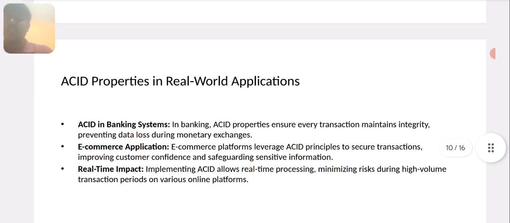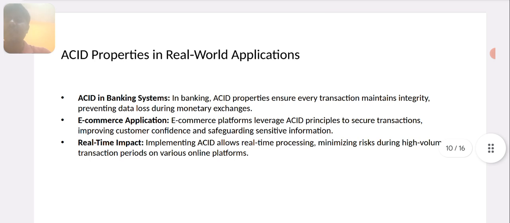Next is ACID properties in real world applications. The first is ACID in banking systems. In banking, ACID properties ensure that every transaction maintains integrity, preventing data loss during monetary exchanges. In e-commerce applications, platforms leverage ACID principles to secure transactions, improving customer confidence and safeguarding sensitive information.